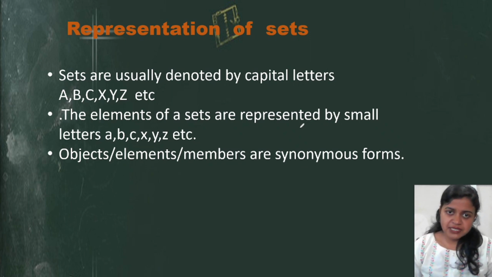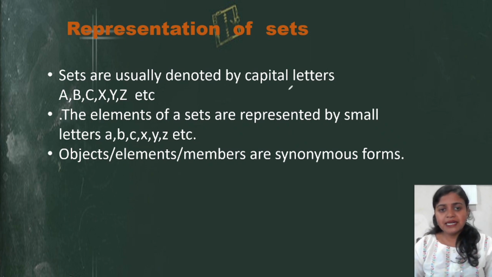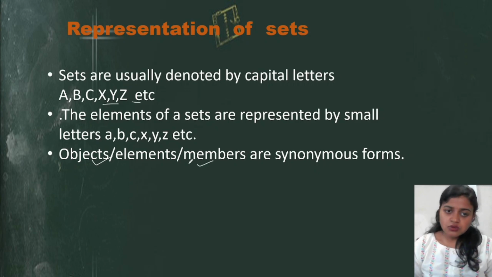Next, what is representation of a set? Clear? It means how can we write sets? Sets are usually denoted by capital letters A, B, C, X, Y, Z, etc. Any capital letter can be used. And the elements of the set, meaning members or objects, are represented by small letters of the English alphabet.